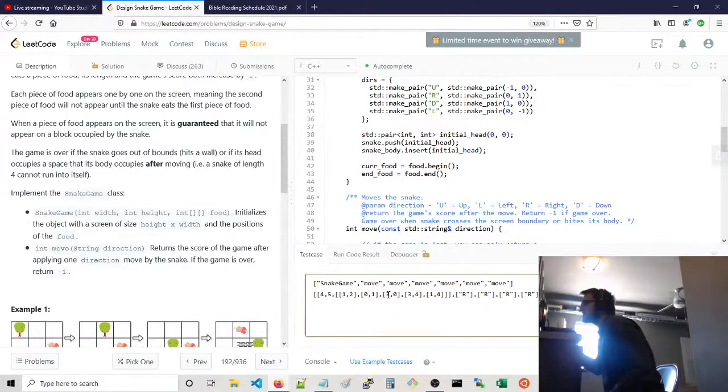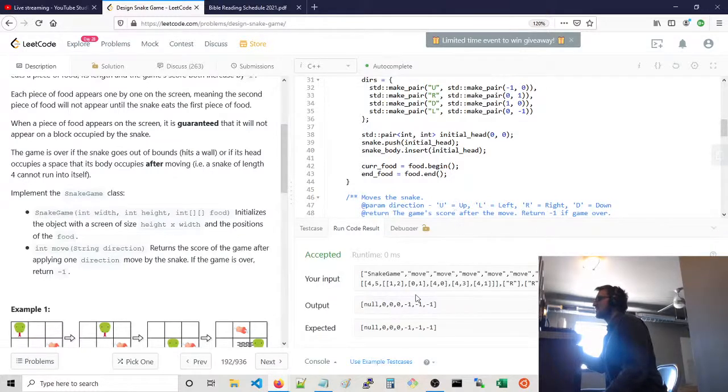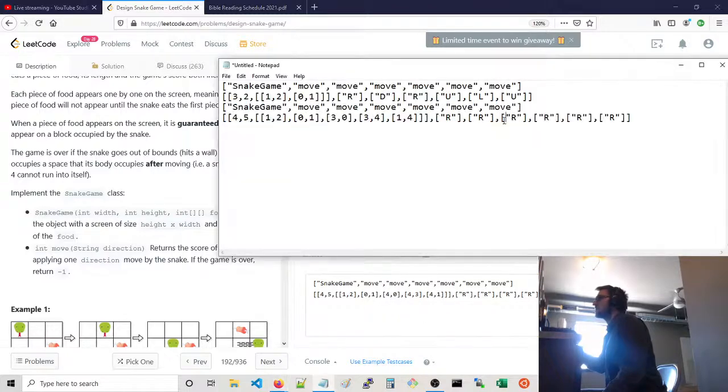Basically swap these numbers. So instead of 3, this actually can go to 4, and this can go 4, 3, and this can go 4, 1. That's confusing. But yeah, we have these 2 test cases now.